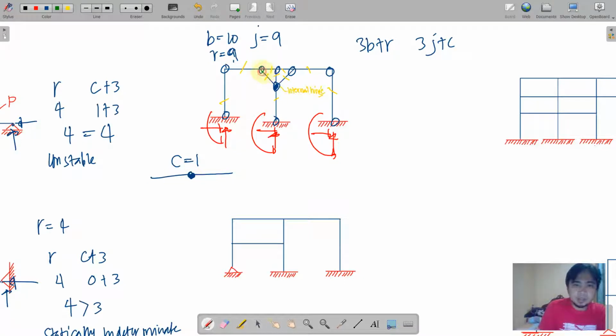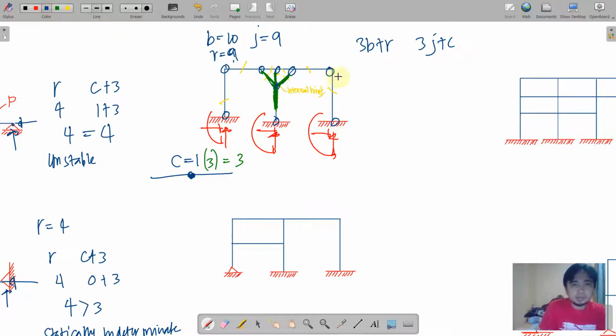So first, it is connecting these 2. Okay, that is 1. Another connection connecting these 2, that is 2. And another connection connecting this diagonal and this vertical here, and that is 3. So therefore, C here is 3.